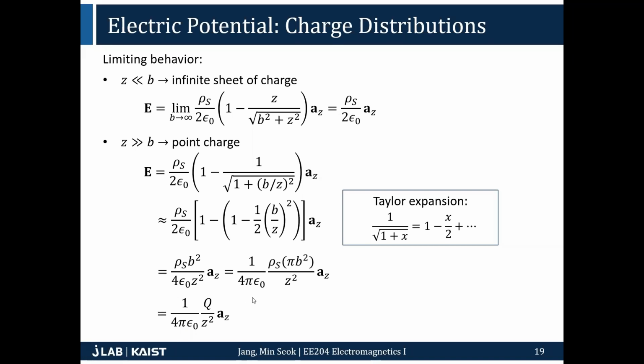And I want to recommend that you have this kind of habit. When you see a problem, try to guess the limiting behaviors. What if z is much larger than b? What if b is much larger than z?